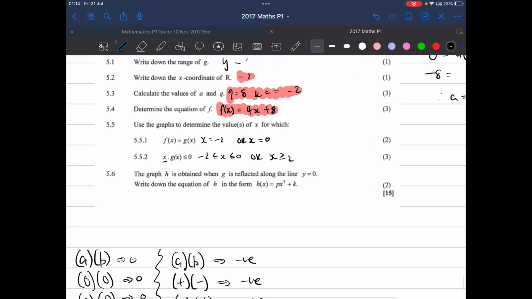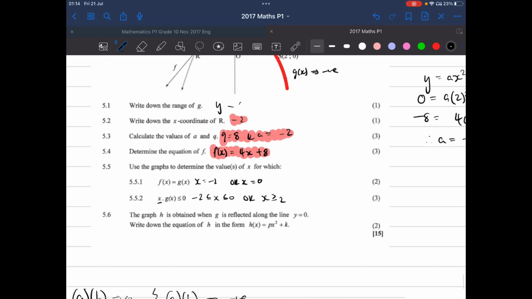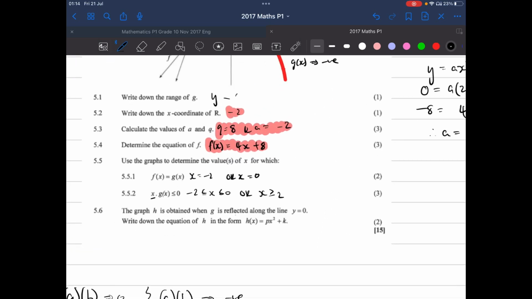Okay, the next one, 5.6 now. The graph h is obtained when g is reflected along the line y equals 0. Write down the equation of h in the form h of x is equal to px squared plus k. So g is our parabola, and it's reflected along the line y equals 0.